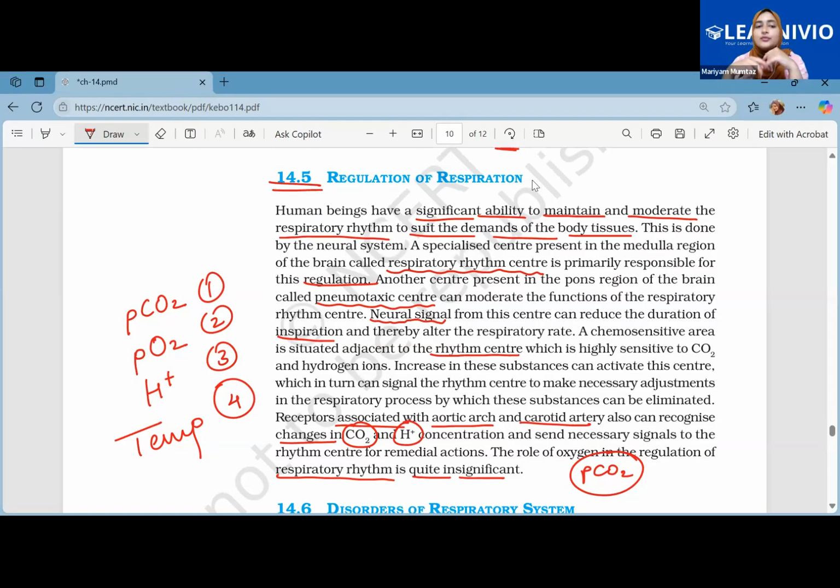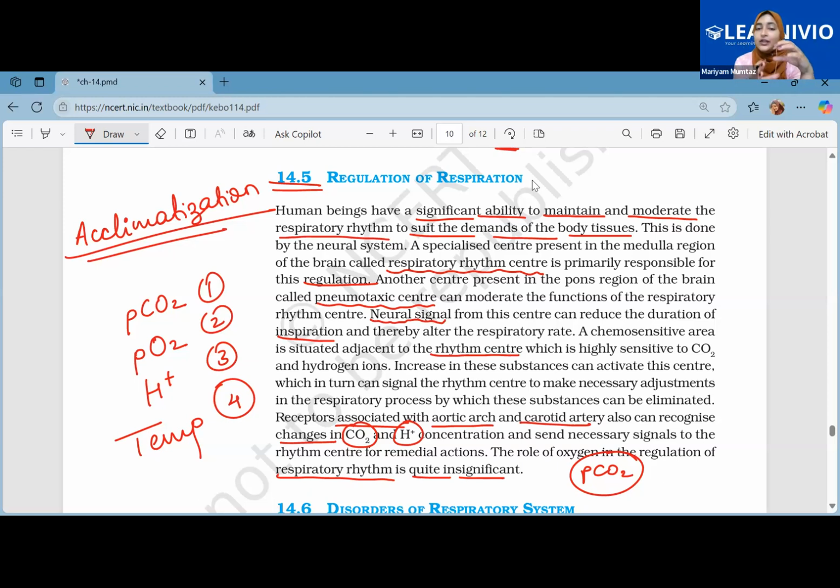Why? Because your bodies have been made acclimatized. What is acclimatization? It is the process wherein your body will adapt to the environmental condition that is there. If there is less, you can say high pressure, right? So it will adapt to it.